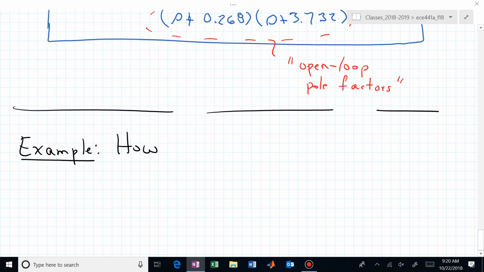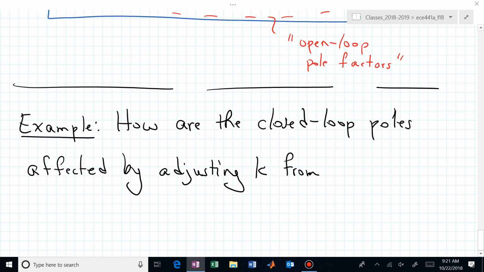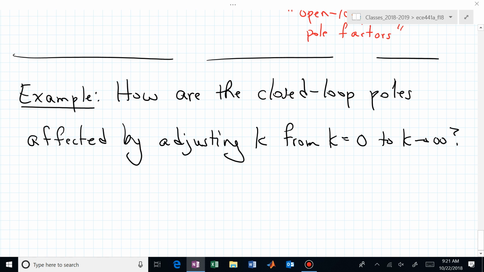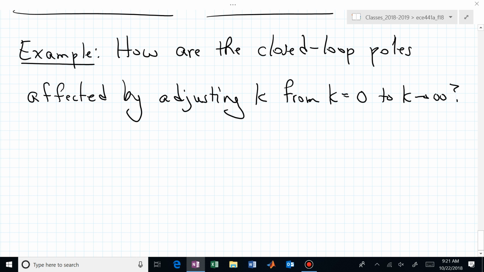With a block diagram, how are the closed loop poles in this block diagram that I'm going to sketch in just a minute affected by adjusting K from K equals 0 to K approaching infinity? And that's giving us the root locus. But here is the diagram that I want to use.